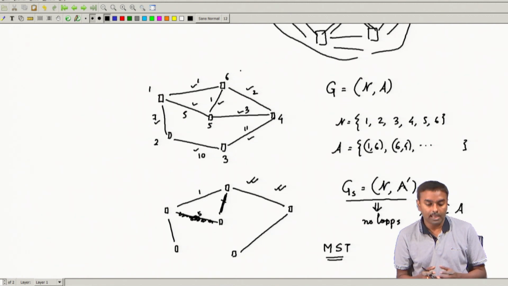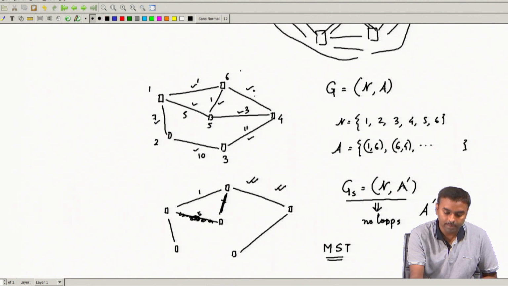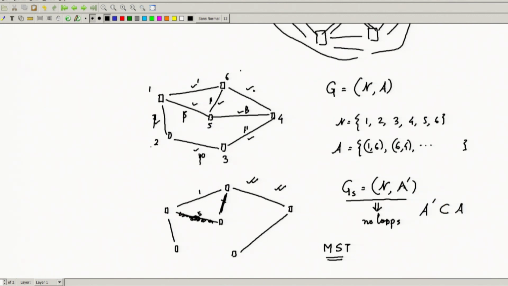Okay. So, it might be inversely proportional to delay, sometimes it might be just the number of hops. So, every link costs only 1. If all link costs are 1, that means they are all uniform. So, therefore, a minimum spanning tree will be equivalent to any spanning tree, because the number of links is always fixed in a spanning tree.